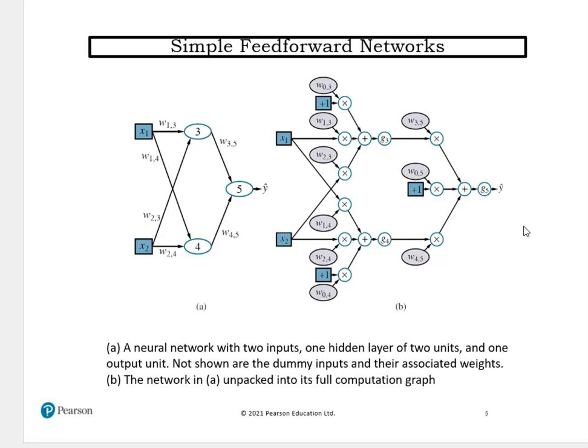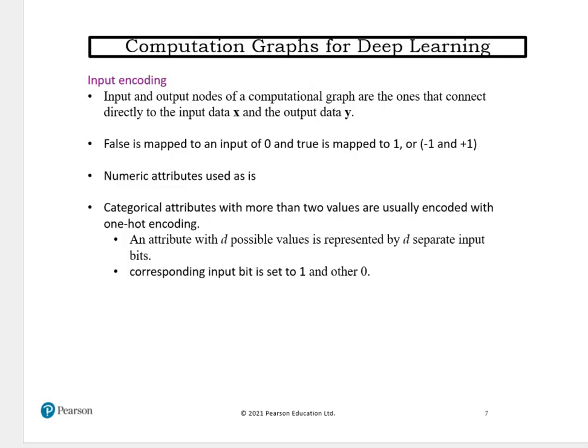In this case, we only have one output, so it's going to output just one value between 0 and 1. But if we had multi-class, then it would output a vector of values between 0 and 1 that sum to 1.